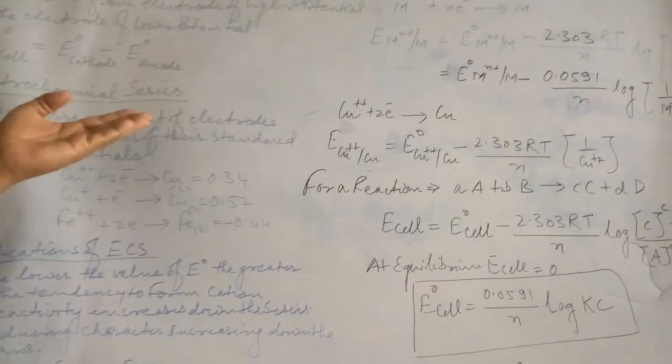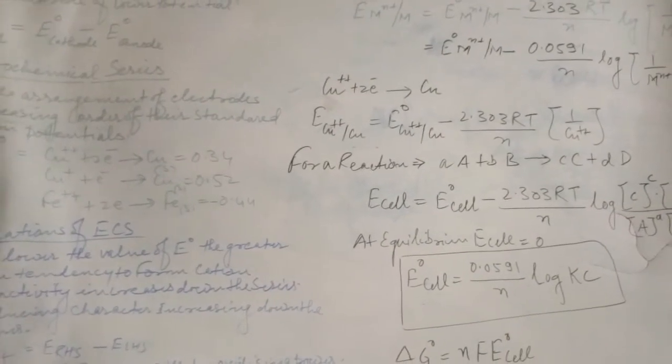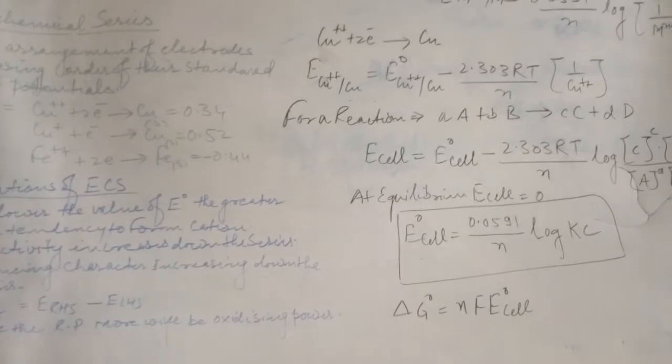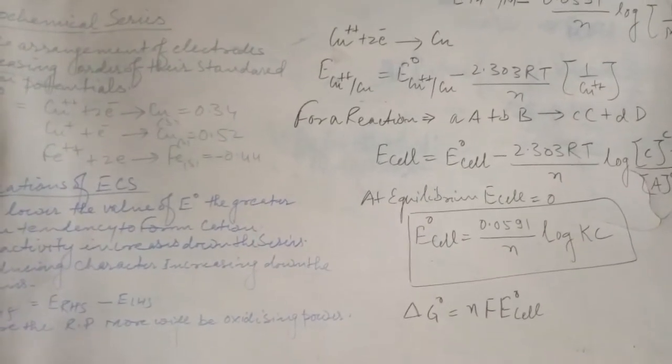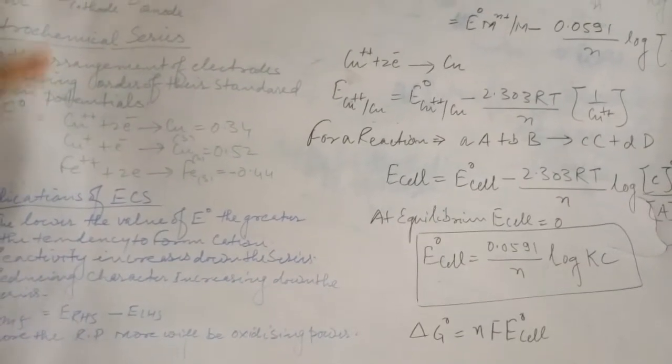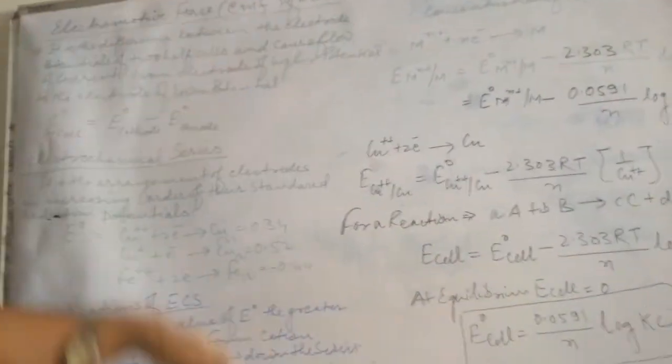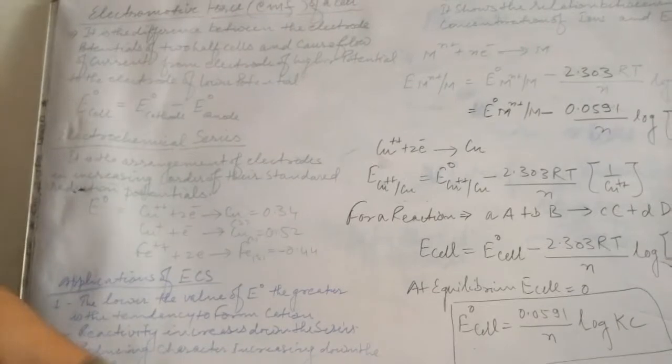In that series, from top to bottom the values run from positive to negative; upward is positive, and downward is negative.